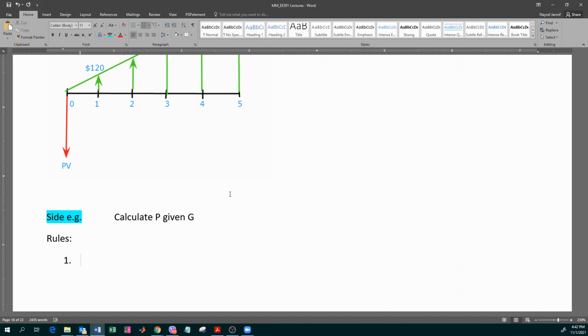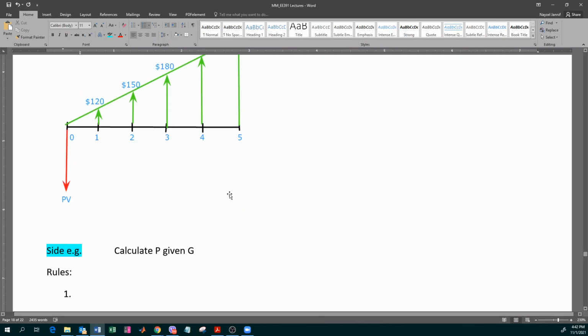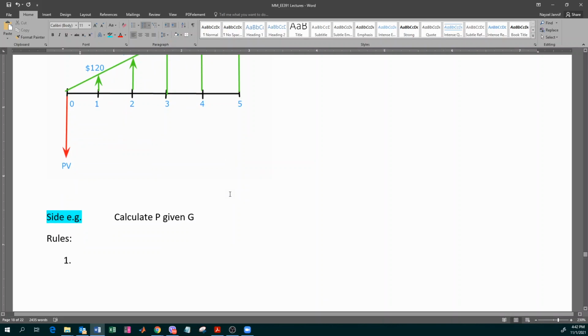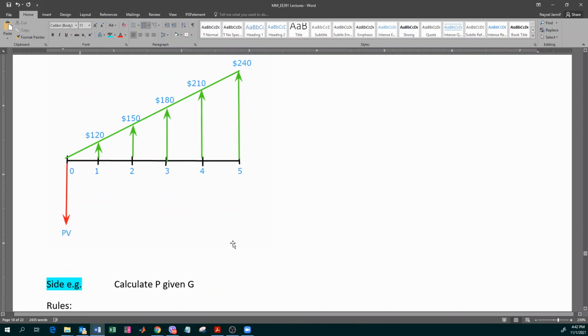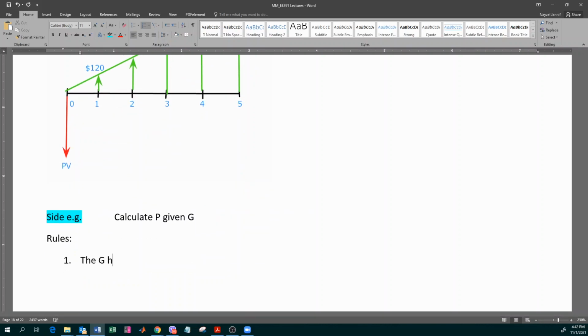The first rule is that in order for G to occur, the gradient, can you see that slope? We call it a gradient because there's a slope. The G has to start from 0 at interval 1. That is the catch over here.